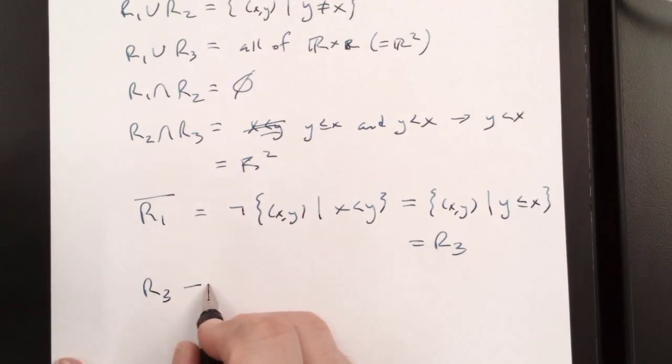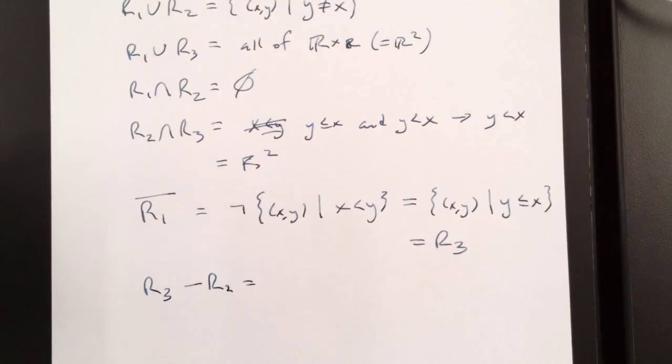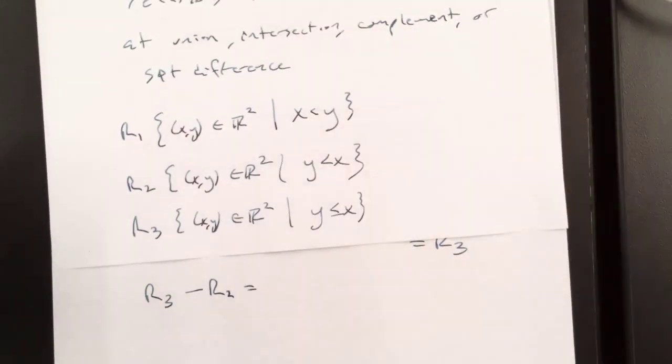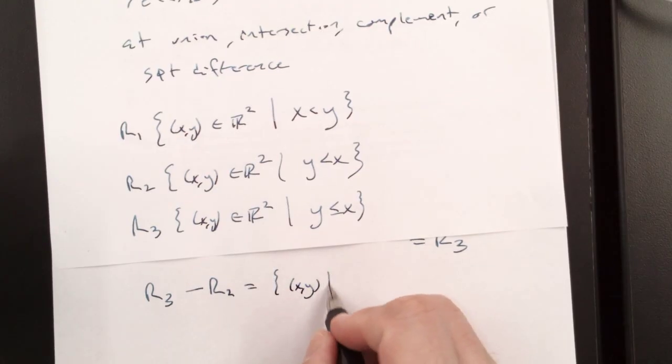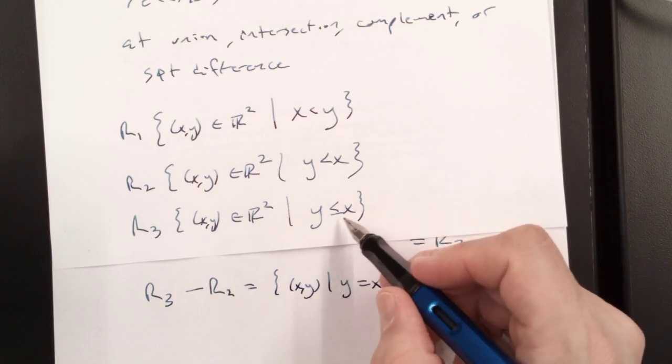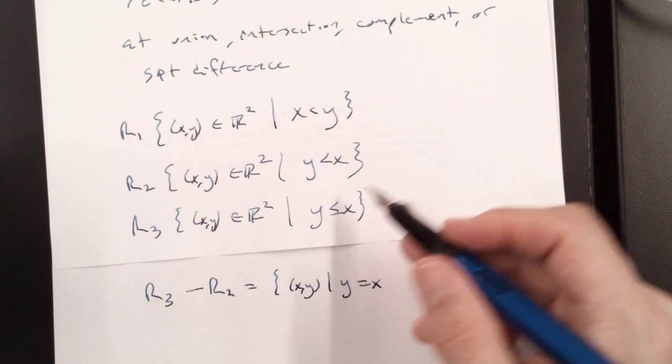R3 take away R2. That's a set difference. What do I get? The answer is the equality relation, because it's less than or equal to and not less than.